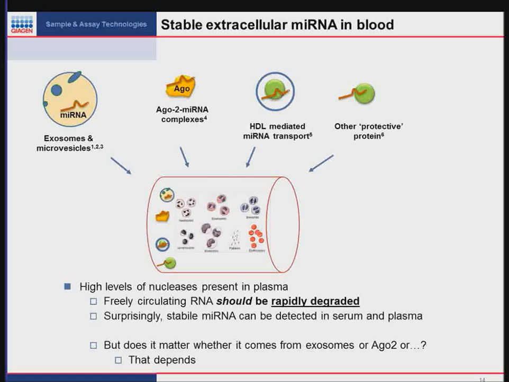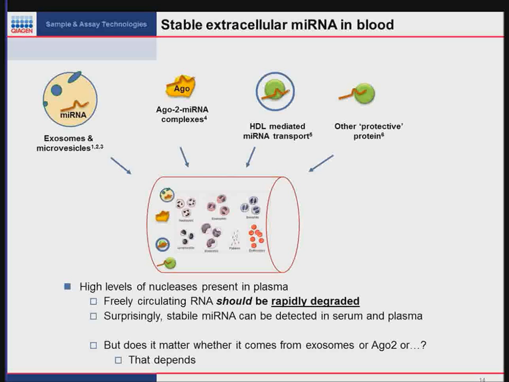So let's talk about this stable extracellular microRNA in blood. Well, we know now, after several years, that these are in the extracellular compartment, that they are incredibly stable, even though there's a lot of ribonuclease in serum and plasma. So they must be protected in some way.